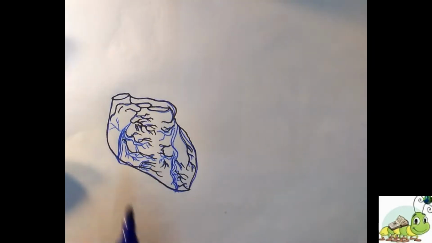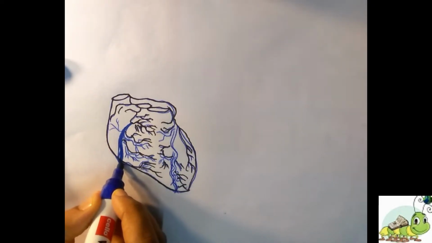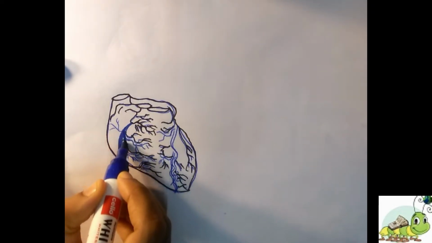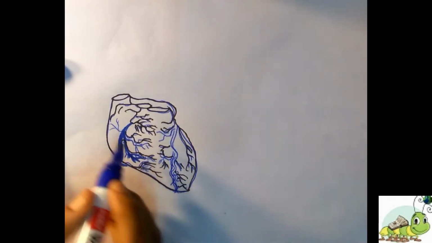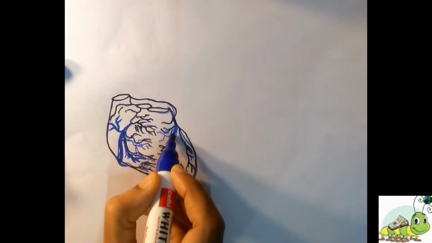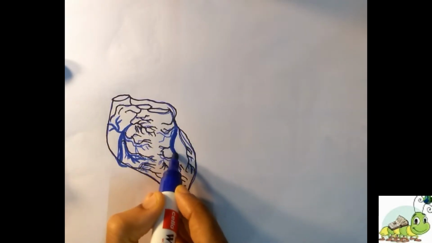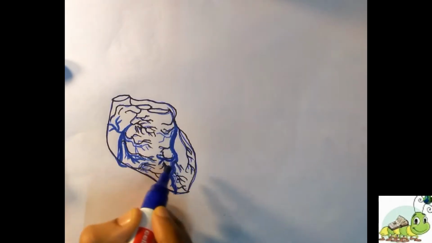The smallest vessels, the venae cordis minimae, drain the myocardium directly into the atria and ventricles. Blood travels from the subendocardium into the Thebesian veins, which are small tributaries running throughout the myocardium.